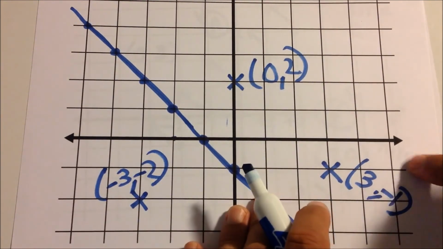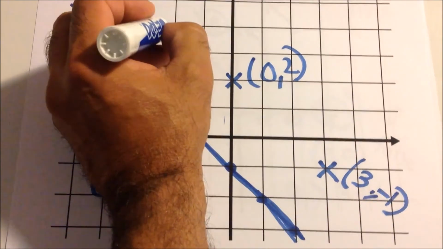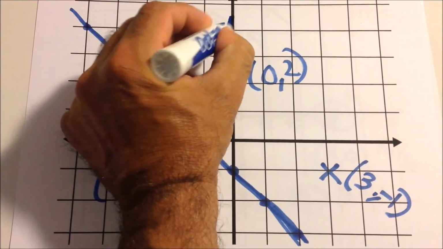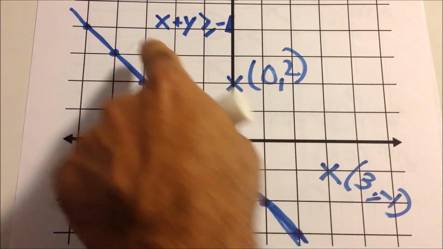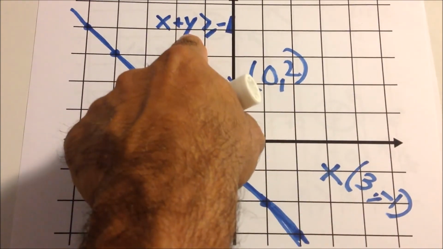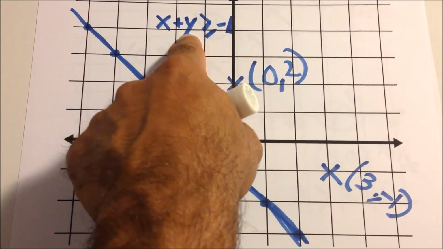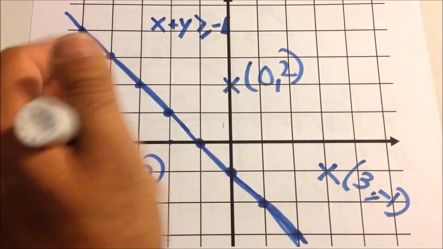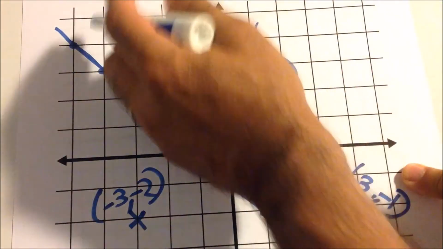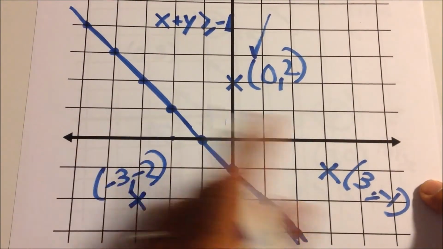Okay, so up here, again the equation was x plus y is greater than or equal to negative 1. So if we plug in this one, x is 0. 0 plus 2 is 2, right? And 2 is greater than or equal to negative 1. So this works. So far we know that the line should be going this way. But let's test this point.